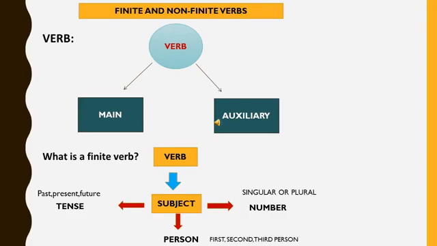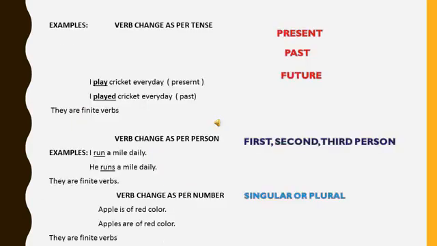So dear students, as you can see, I have drawn a chart for you so you can easily understand. Now let's understand each of these parameters with the help of examples. As you can see, the verb changes as per tense.